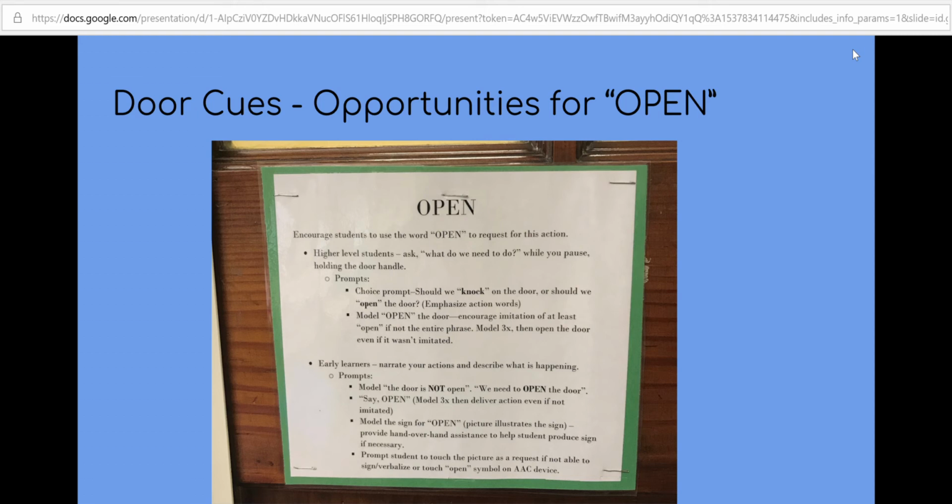Or if the student is using an assistive technology device, you can prompt them to point to the cue, or you can prompt them to indicate that symbol on their assistive technology device that they might have.